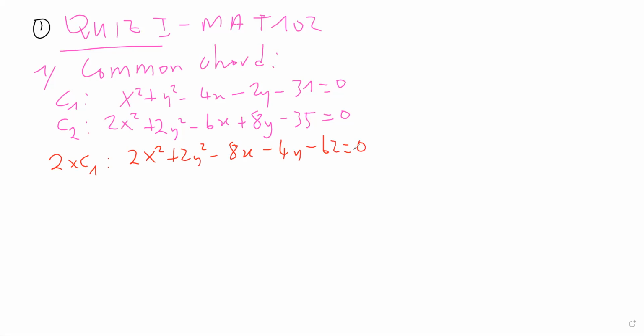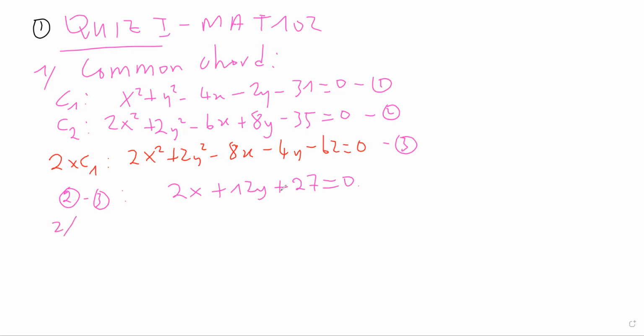If this is equation 1, this is equation 2, and this is equation 3, we subtract equation 2 and equation 3. And if we do that, we'll have 2x plus 12y plus 27 is equal to 0. And this is the common chord between these two circles.